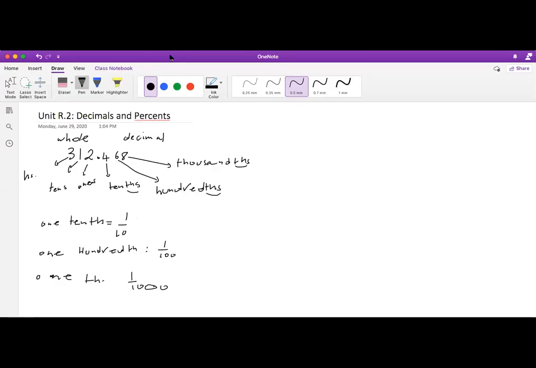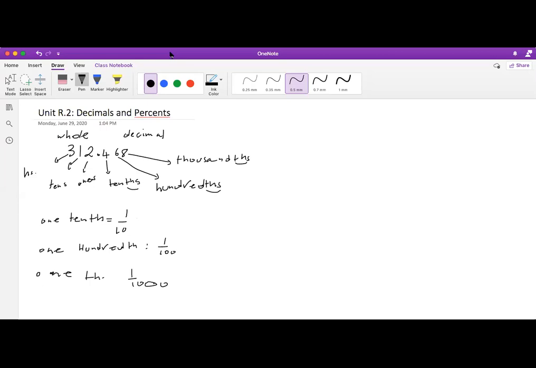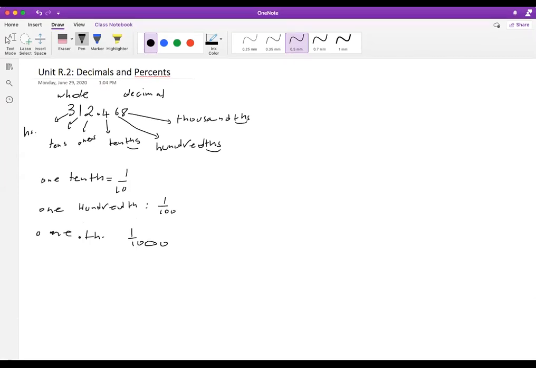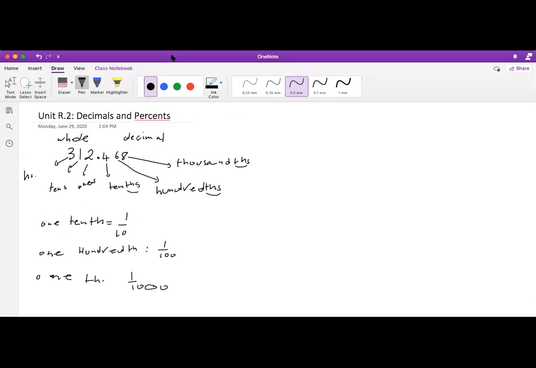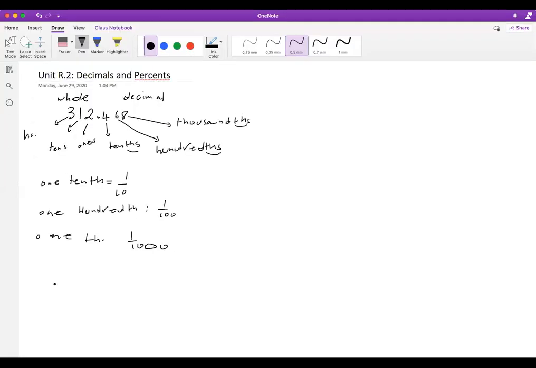Okay, now we're going to see how to write decimals as fractions. So as we just saw, let's call this number 1, definition.